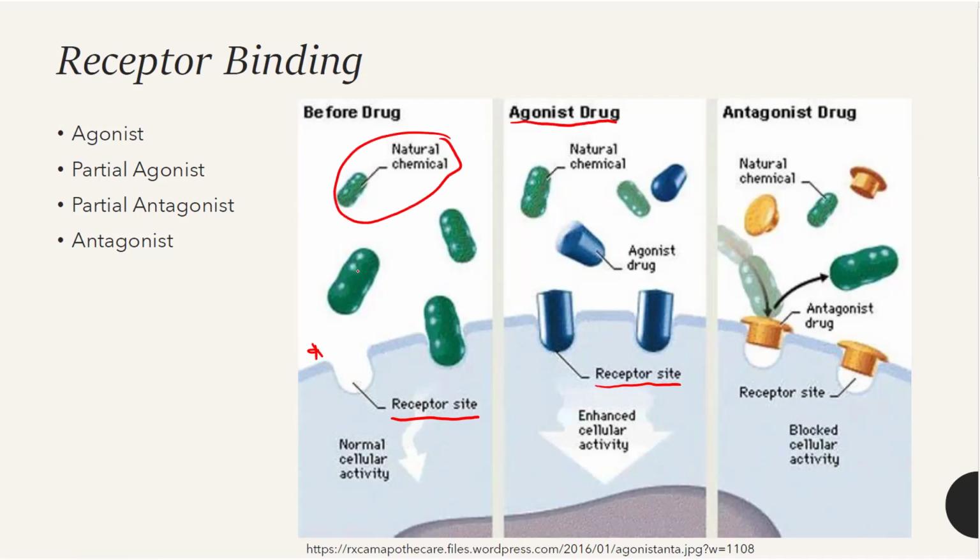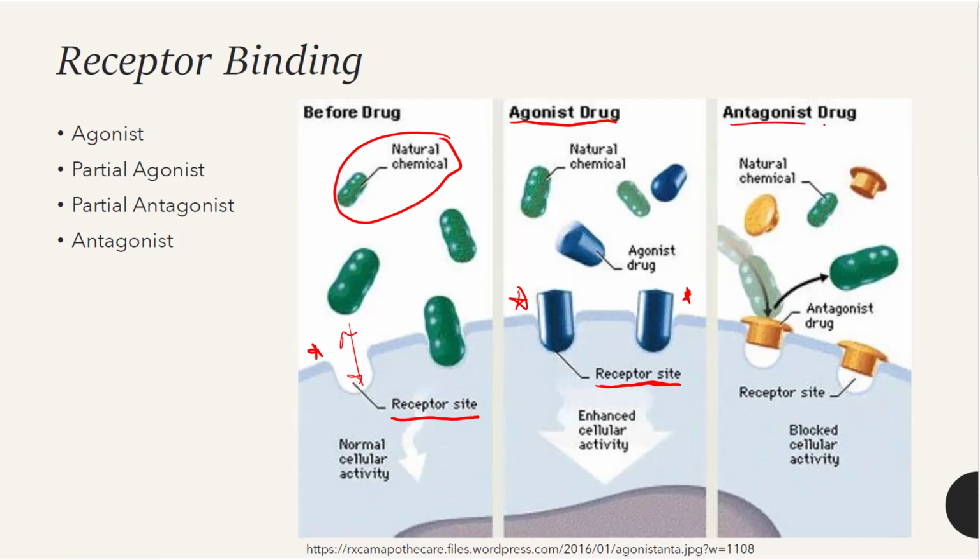In our first cell, this would be before a drug is present. The natural chemical will bind, and then sometimes it's going to release. It's going to bind, it's going to release. Now, if you have an agonist drug, that agonist is going to bind to the receptor site and set up shop there. It's going to just hang out there indefinitely.